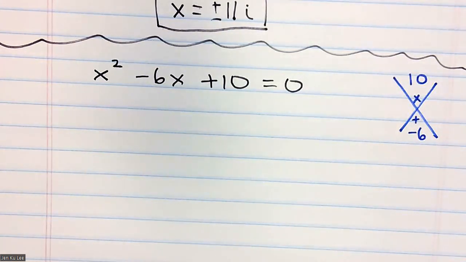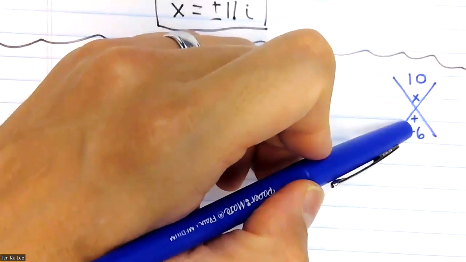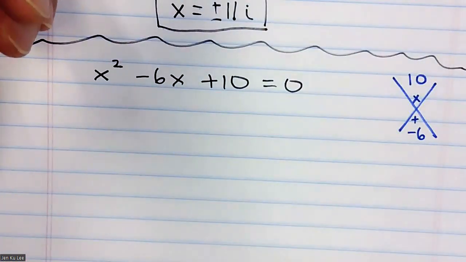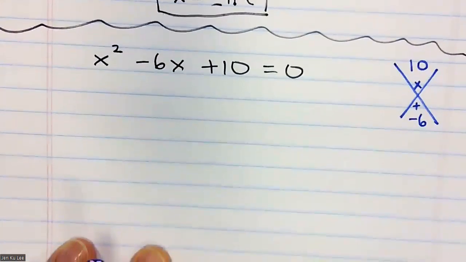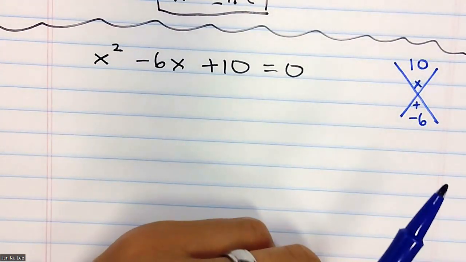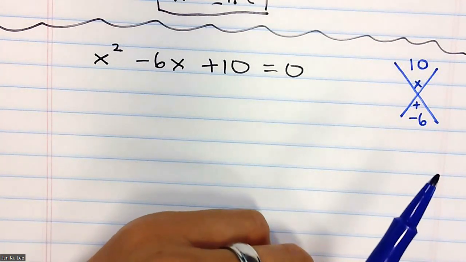10 is what? 1 and 10, 2 and 5. Nothing else, right? So this is not factorable. So what we need to do is use the quadratic formula. You guys remember the quadratic formula?